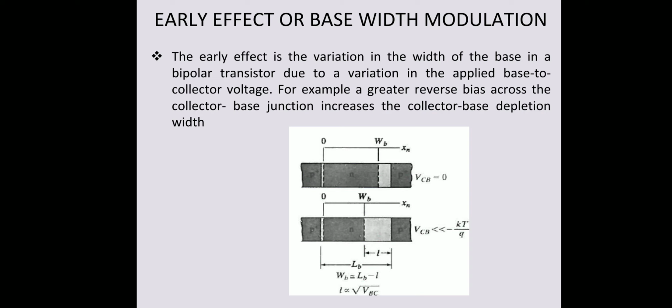So the effective width is reduced by the depletion region extension L, to LB minus L, and this depletion width is proportional to the square root of VBC. That means it is directly proportional to the square root of the applied reverse voltage at the collector junction.